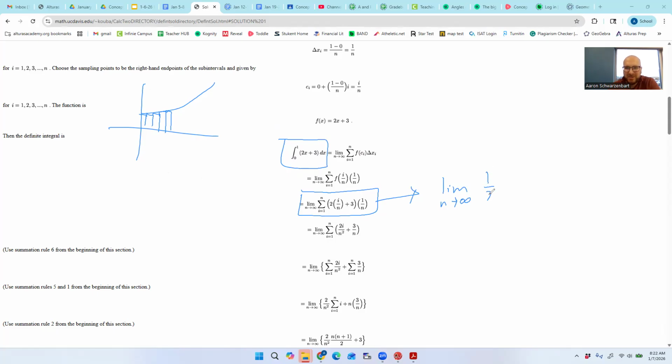I like how it's done a little better on the final. They take this 1 over n part and they put it in the front.